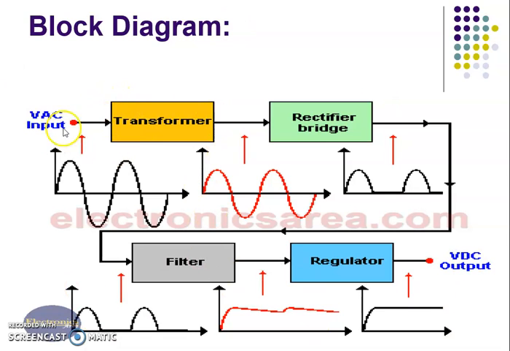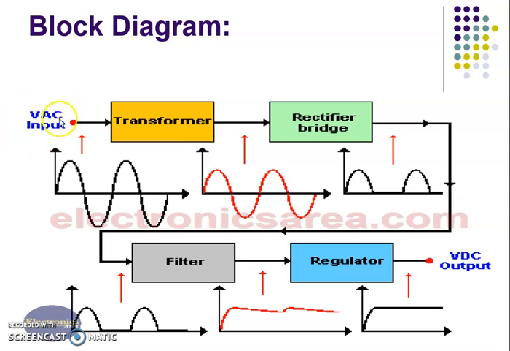Transformer is the device that converts AC input voltage into AC output voltage, either step up or step down, as we are well familiar with the transformer also. Depending on the number of turns of primary winding and number of turns of secondary winding, the output is available.